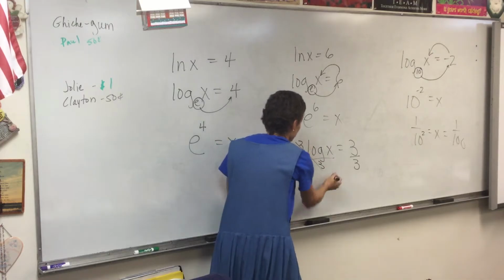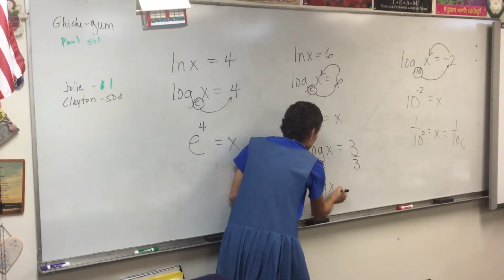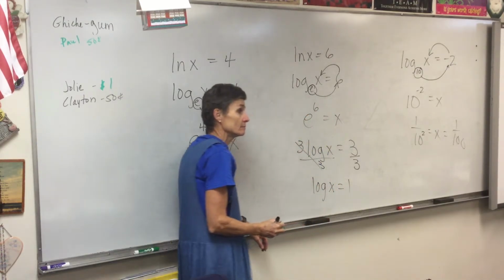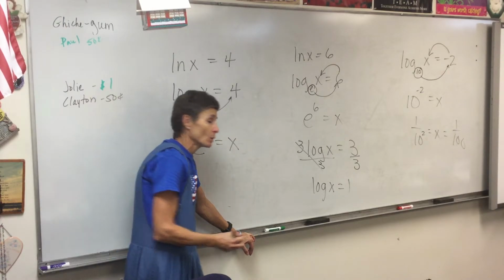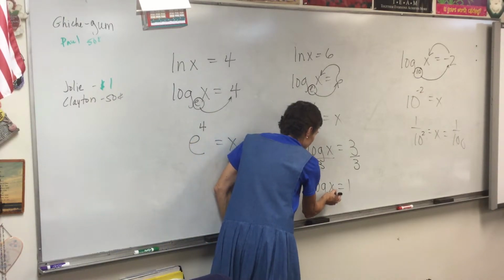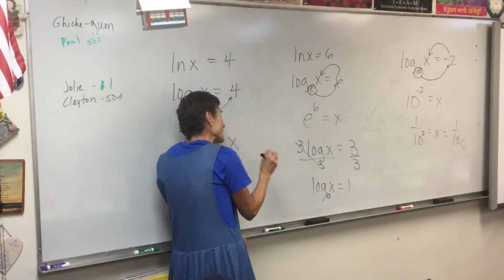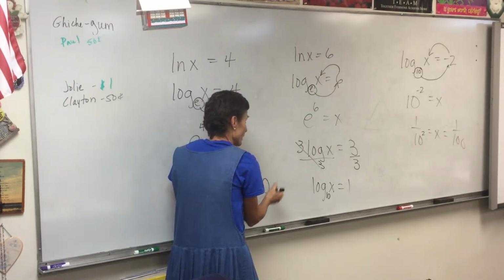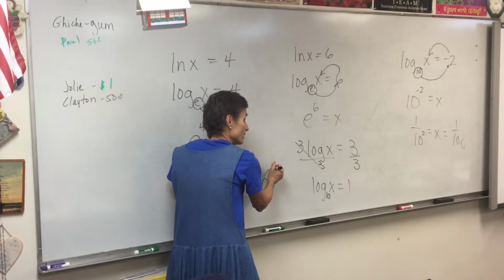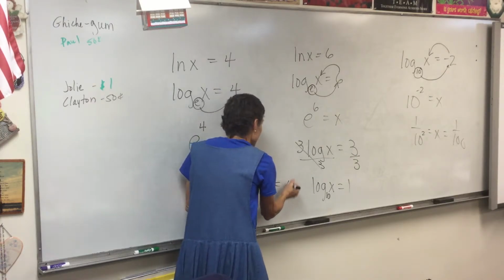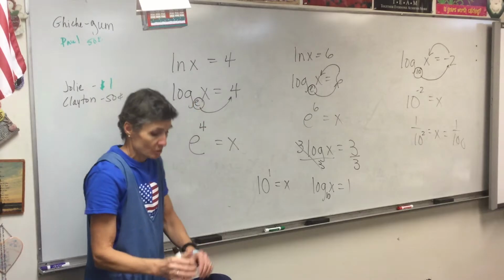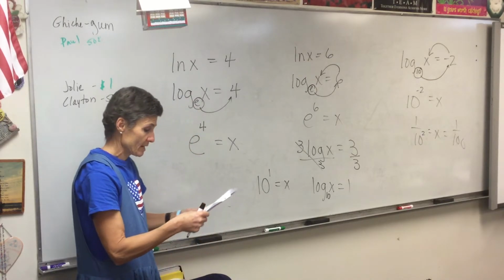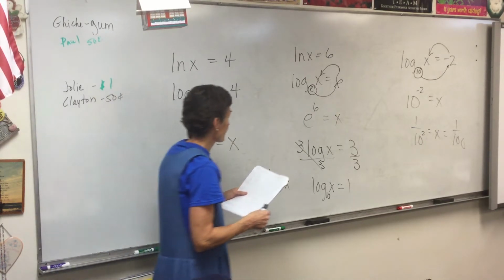So then our equation says log x equals 1. What's the base on that? 10. So when I translate that equation, I start with the 10, I raise it to the first power, and that equals x. So what's the answer to the question? 10. Good.